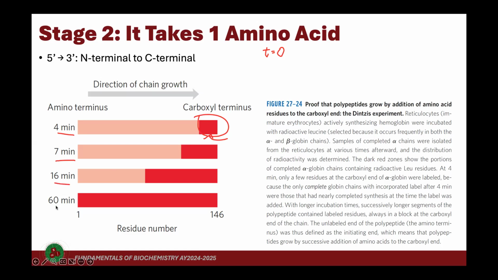But as they lengthened the incubation time, before they analyzed the globin chains, they got progressively longer segments containing radioactive leucine from the time when they introduced it to the culture. So this is a proof that it's from the N terminal to the C terminal.